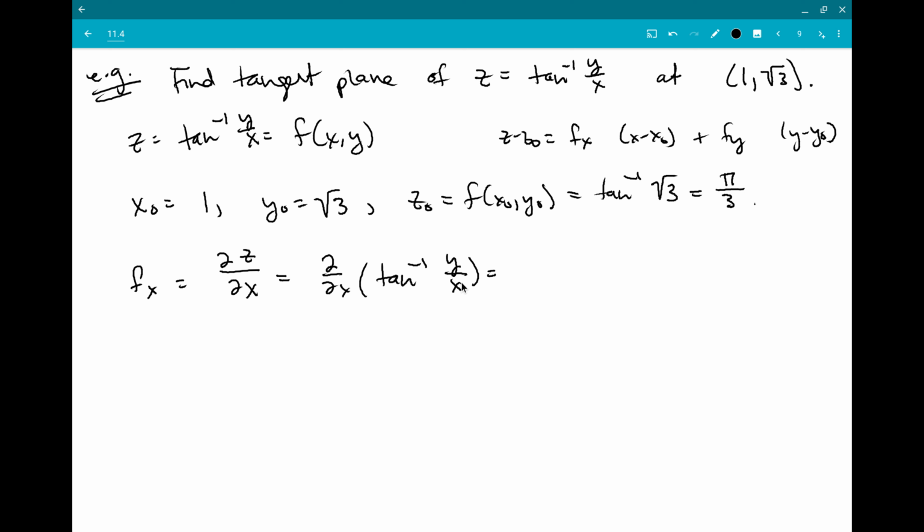Let's see, the derivative of y over x is going to be minus y over x squared. And then the derivative of inverse tangent would normally be 1 over 1 plus theta squared, but the thing that goes inside is y over x, so that's y over x squared. I can simplify that: minus y over x squared plus y squared.